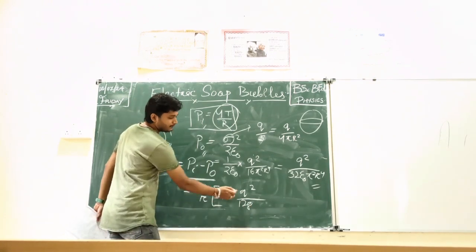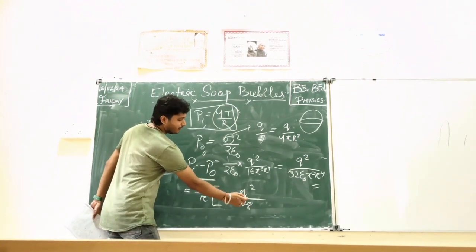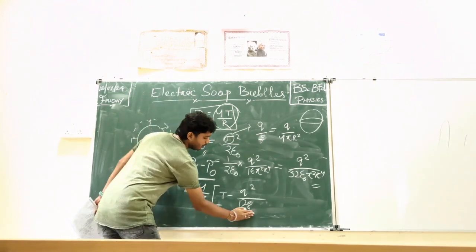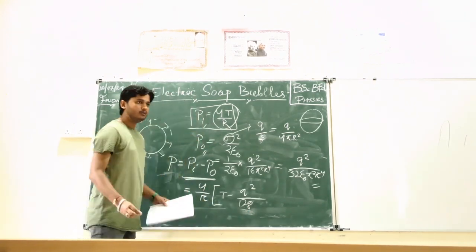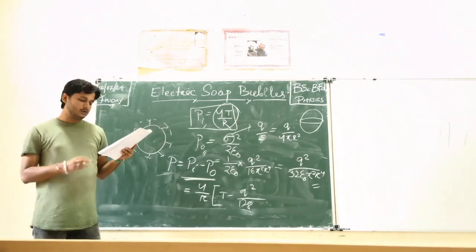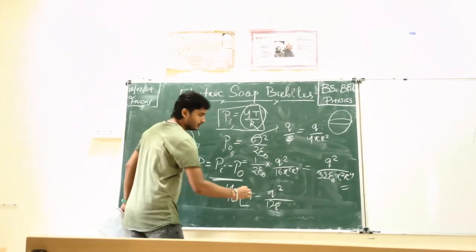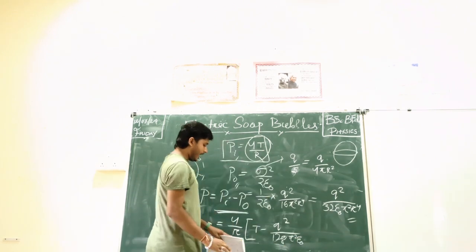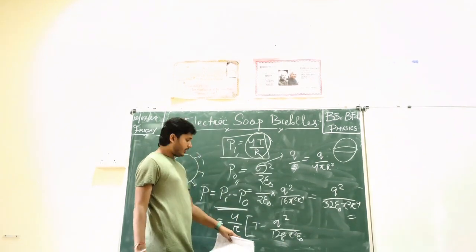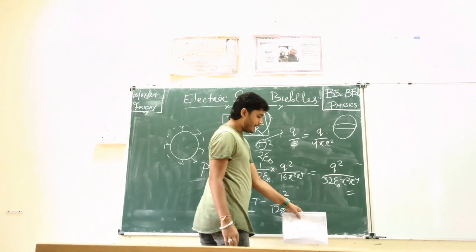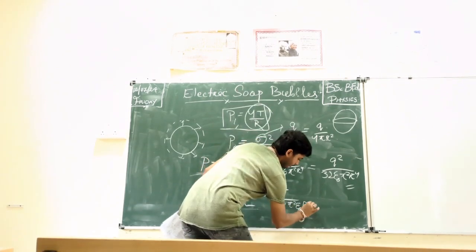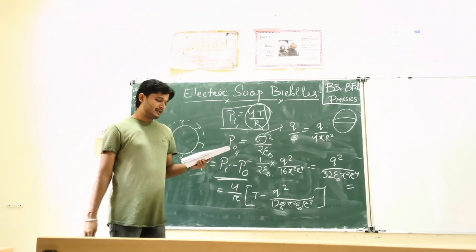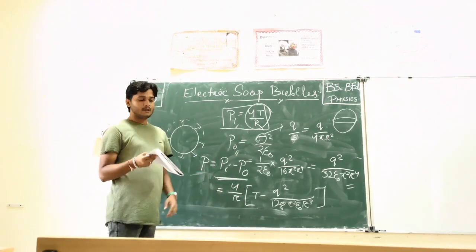If we multiply these two things, then 4 and 32 cancel, and we get 128 pi square epsilon naught, and we take R common, then R cube. This is the expression for excess pressure.